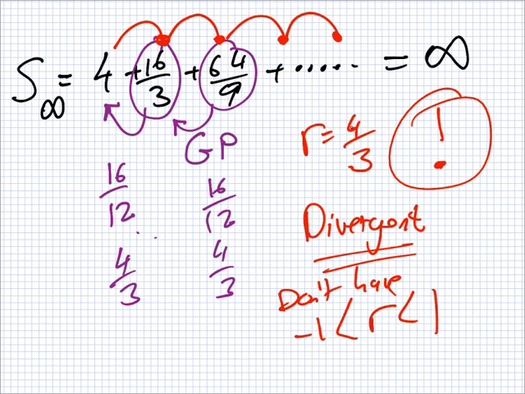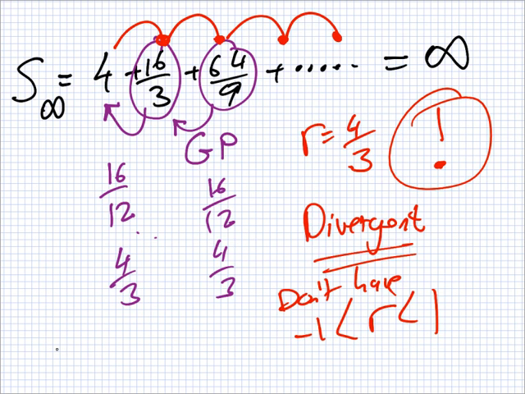It's just whatever the value of r is. Was it smaller than -1? Yeah, also divergent, like if it was -2.